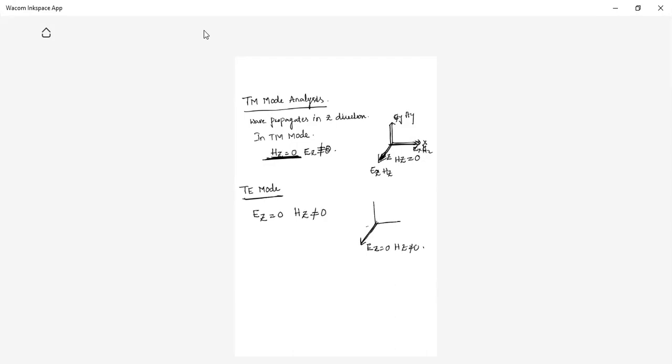Even though in this direction Ez becomes 0, in other directions electric field components exist. So you have to remember these two statements carefully.